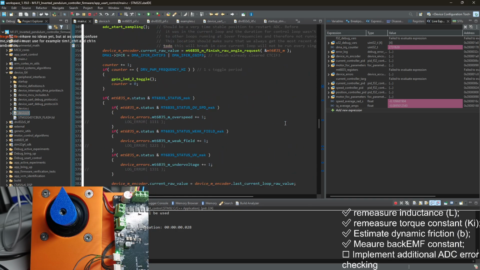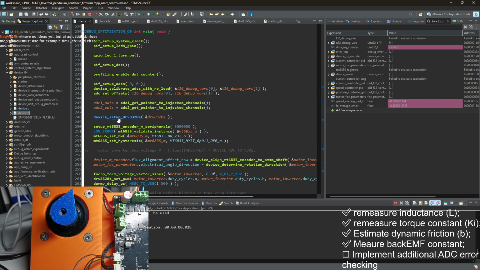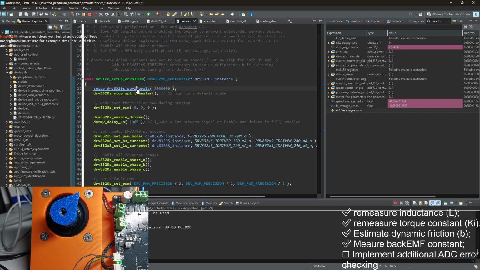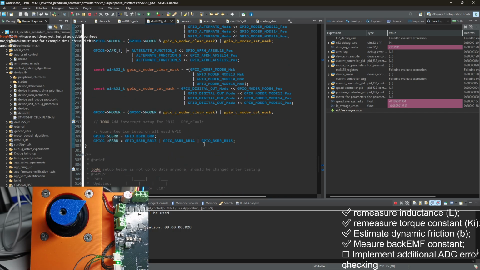So let me show it, that I pull them to ground. Here, peripherals, GPIO. So this is my GPIO setup, and here I just put my C13, 14, and 15 low. I just reset them, and they stay low all the time.